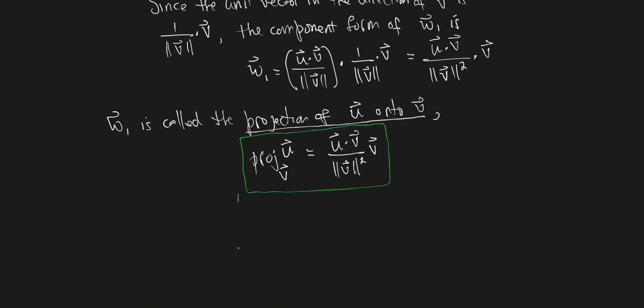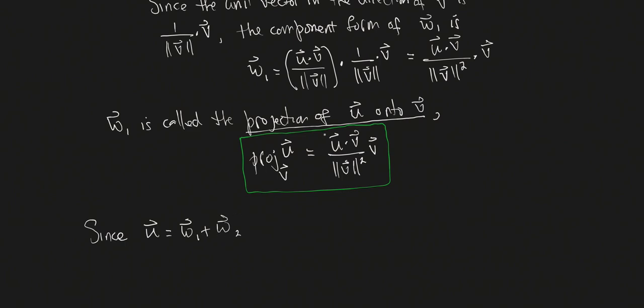Now, what about w2? Well, w2 is really easy to find because of that formula I wrote down. Since u, which we know, we're going to be given u and v, and we're going to be finding the projection and this other one that I'm about to define now, which is the w2. Since u is equal to w1 plus w2, just do some basic vector algebra and solve for w2.